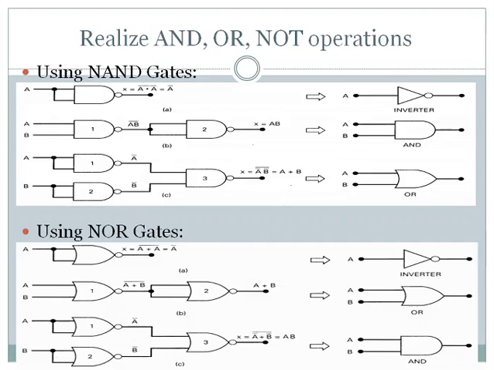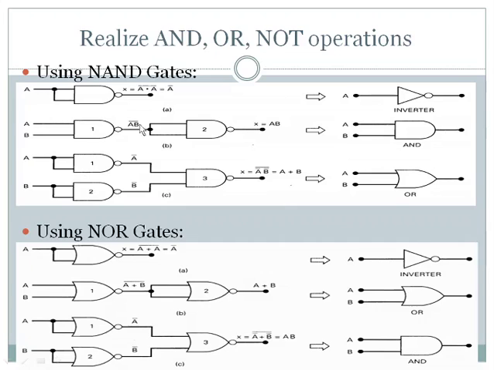And similarly, in the second case, here we have used one NAND gate, the first NAND gate, and the inputs are given as A, B. The output of this NAND gate is (A dot B) bar, or simply AB bar.